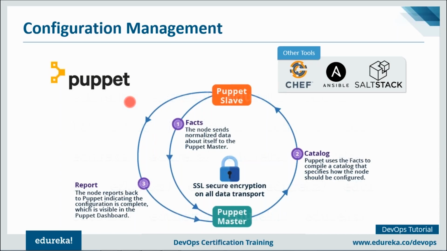The moment any change happens, the node will pull that configuration and deploy it onto itself. I hope you're getting my point. This is called pull configuration. In push configuration, the master actually pushes the configurations onto the nodes, which happens in Ansible and SaltStack, but does not happen in Puppet and Chef. So these two tools follow pull configuration, and Ansible and SaltStack follow push configuration, in which configurations are pushed onto the nodes. In Chef and Puppet, the nodes pull those configurations.